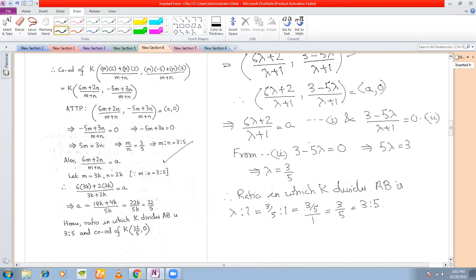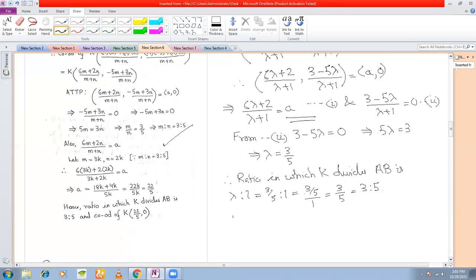Now we'll use equation number 1 to find out the x coordinate of K. So from 1, K is equal to 6 lambda plus 2 by lambda plus 1. Put the value of lambda here.